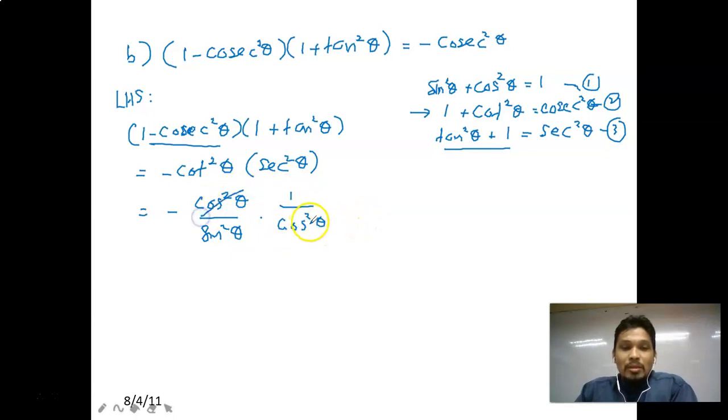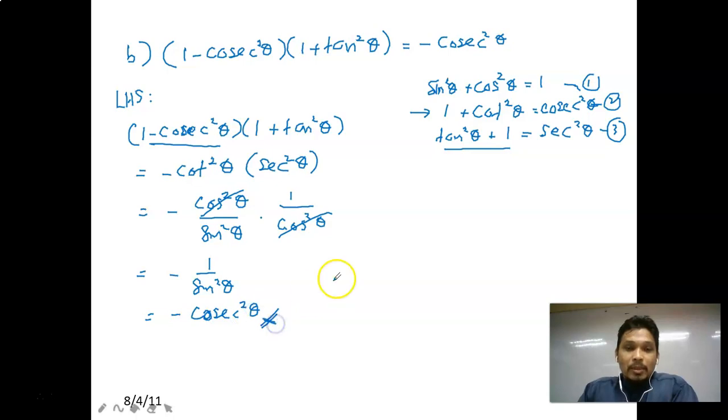So cos square divided by cos square, then it is negative 1 over sine square theta, which is equal to negative cosecant square theta, equal with the term on the right side.